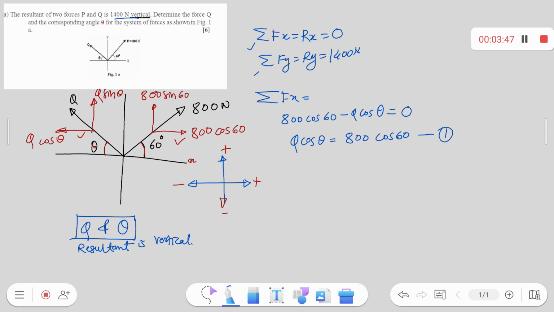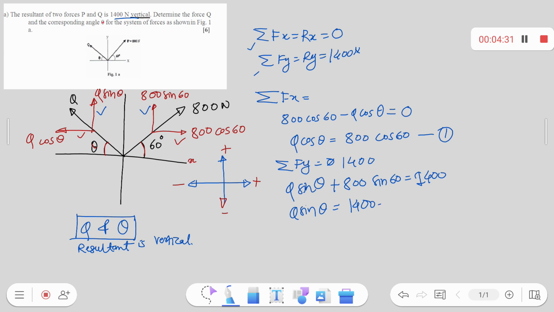Now write equation 2. Summation Fy equals 0, not 0, sorry, it's 1400, vertical. So do the summation of all vertical forces according to the sketch. Again, two vertical force components are there: Q sin theta upward plus 800 sin 60 equals 1400. Keep Q sin theta as it is.